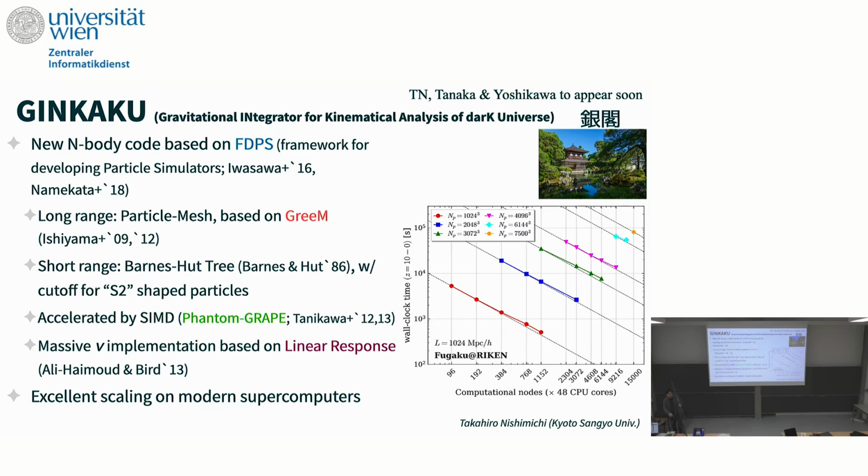We also implemented massive neutrinos, because we are now interested in them, and we know that they affect only large scales, while small scales are damped, as neutrinos do not contribute to the structure formation on small scales. So we use a very simple method, the linear response method. Clustering dark energy is also included.